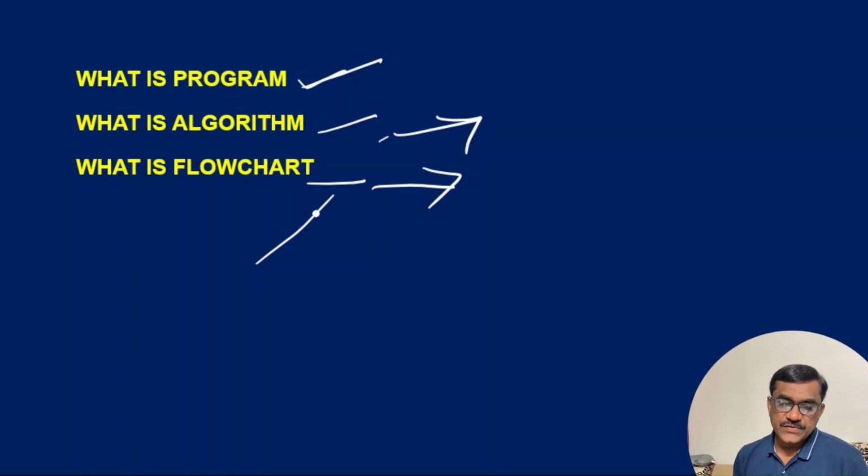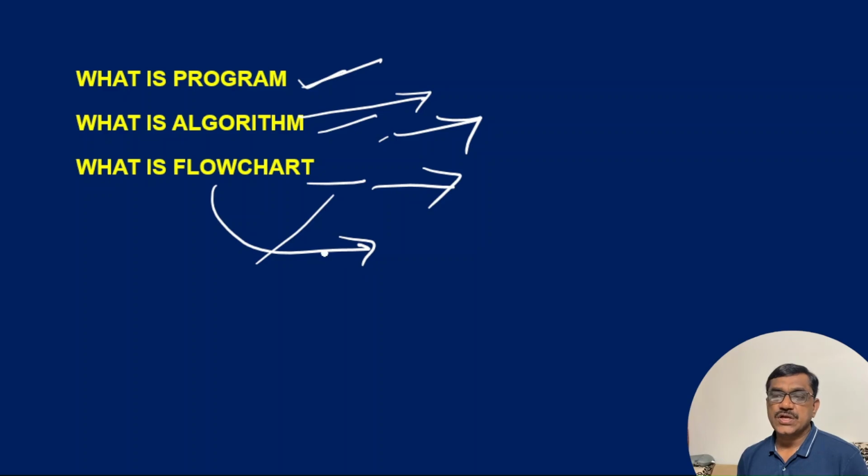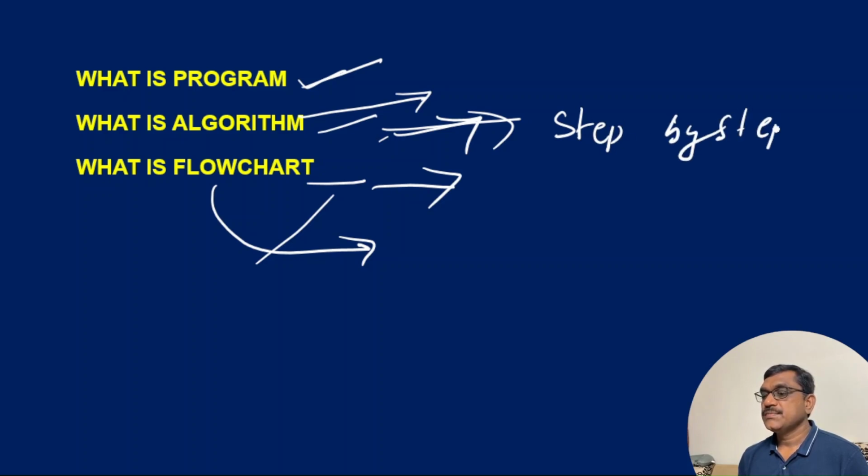When any problem is given to the user, first he has to understand the problem carefully. Next, he has to write an algorithm. Next, he has to draw the flowchart. What is meant by the algorithm? Algorithm is nothing but a step-by-step process.